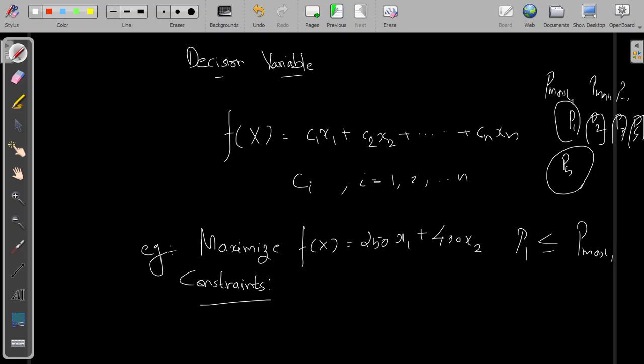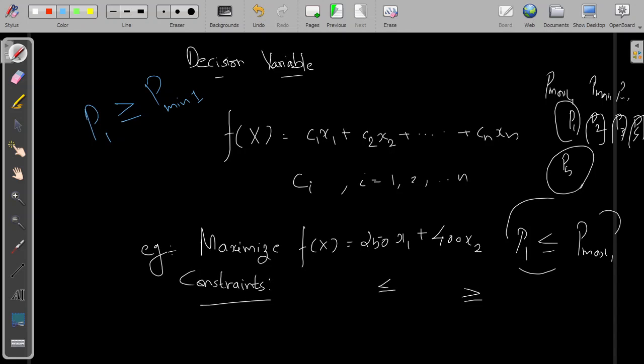That means a restriction on the total amount of a particular resource, that is, an upper limit or lower limit. It can be of three types. It can be less than or equal to, like this constraint, and it can be greater than or equal to. There is also another constraint associated with the unit commitment: P1, the commitment by a generating unit, must be greater than or equal to some minimum value, that is P minimum 1.